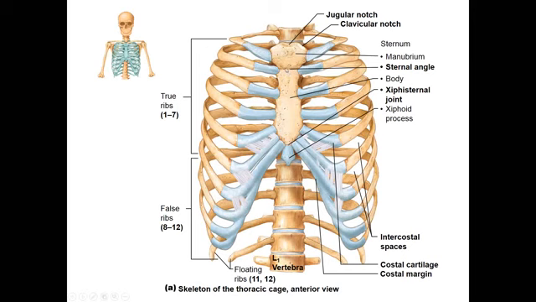It's a little bit of a raised bit that you can feel under the skin. It's the sternal angle, and then where the xiphoid process joins, that's our xiphisternal joint. Now the xiphoid process can remain as cartilage until probably 40 years of age, but then it usually turns into bone as well.